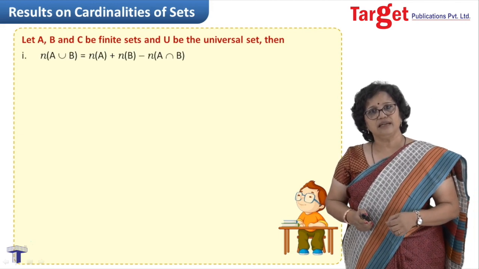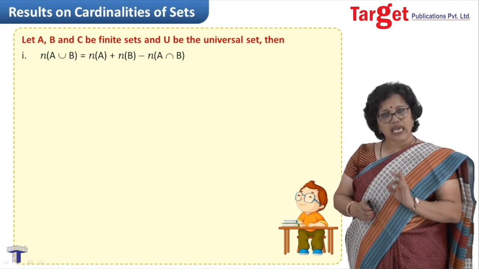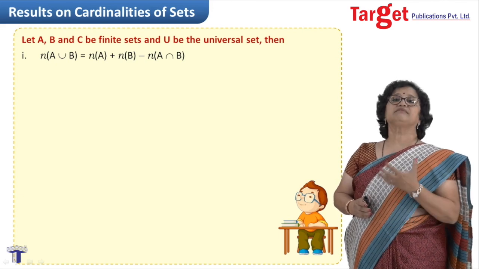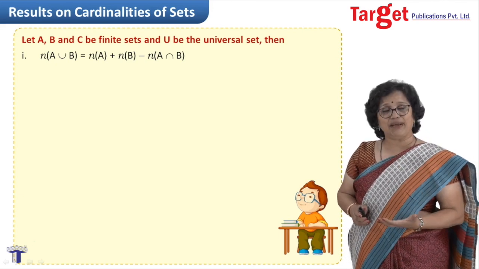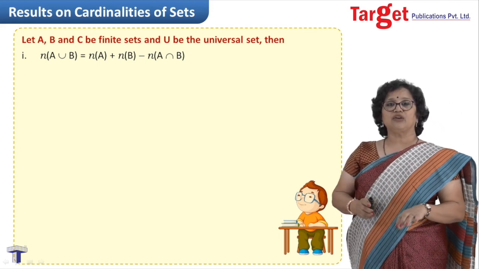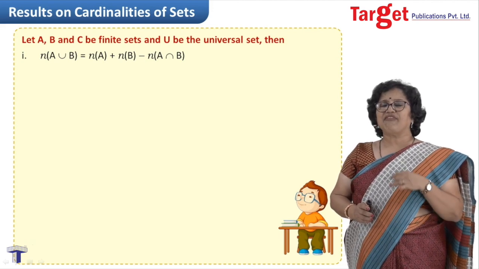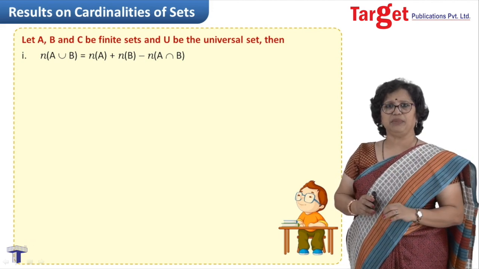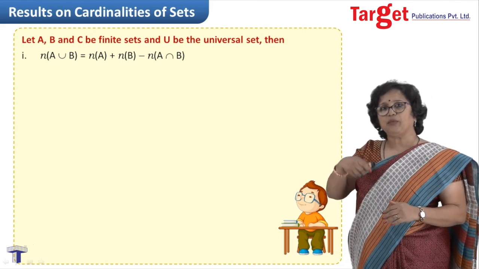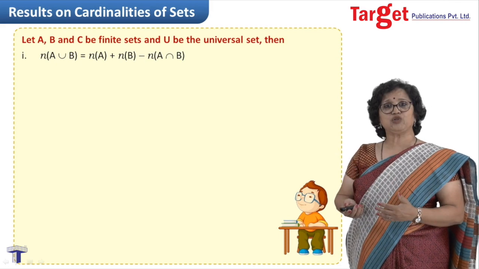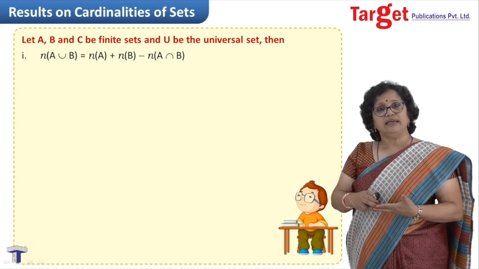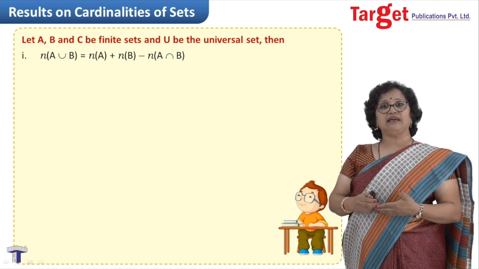My first result is that the cardinality of A union B, that means the number of elements in A union B, is NA, meaning number of elements in A, plus number of elements in B, minus number of elements of A intersection B. Now some of you may wonder why we are subtracting A intersection B. When you write elements of A, if there happen to be some common elements with B also, then when you add the number of elements of A with the number of elements of B, those common ones get added twice.